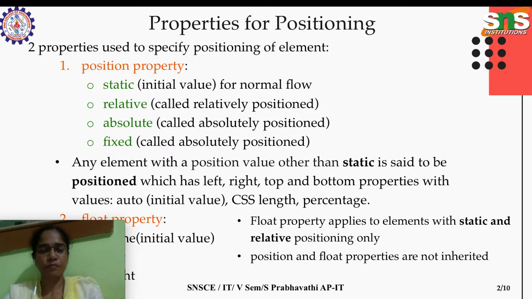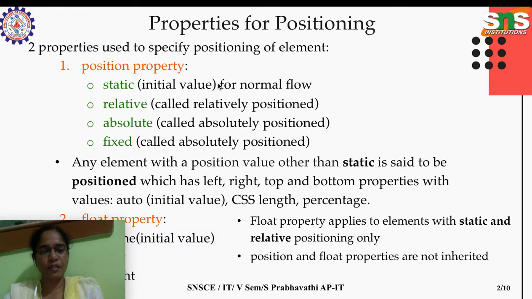Before explaining all three categories of positioning elements, we need to know certain properties that help to position the HTML elements. Mainly two properties are there: one is the position property, the other is the float property. The position property takes one of four values: static, relative, absolute, and fixed.